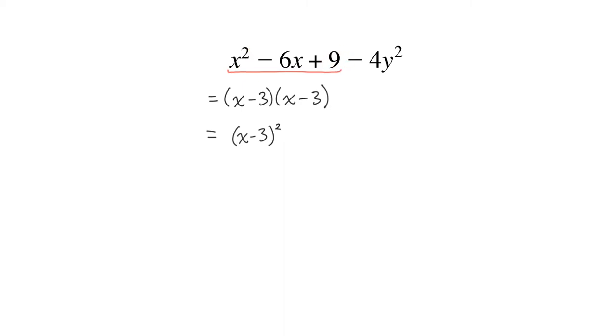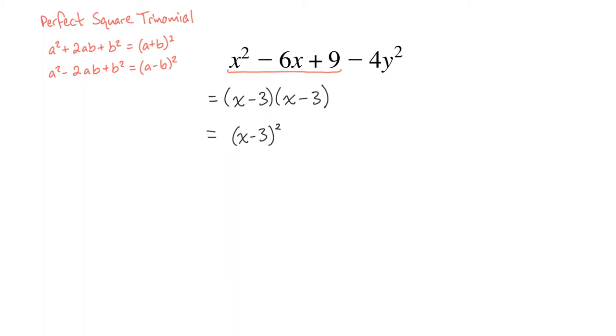If you took the square root of that first term, the square root of x squared is x, the square root of that third term is 3, and x times 3 times 2 will be the middle term. And then the signs would just match. So if it's a negative, these are all negative. If that 6 was a positive 6x, then these would be x plus 3. But you could just use these formulas and follow the pattern. If it still doesn't make sense, just use sum and product.